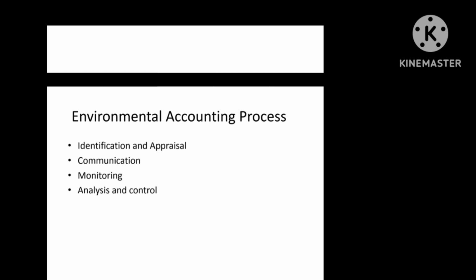Once you identify, you need to communicate. You need to monitor, analyze and control. Monitoring does not finish the process, but you need to analyze and control. You should be there from the beginning to the end to make this process a successful one.